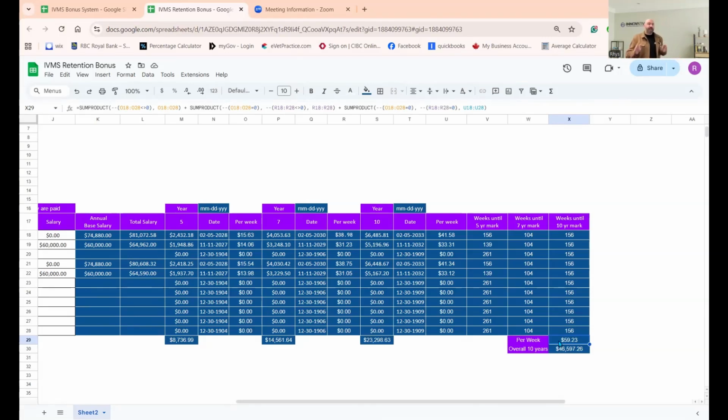You can put that aside each and every week for 10 years, and that is going to equal $46,597 that you're going to distribute across 10 years amongst your people. Remember, it costs you $55,000 for one employee per year if you need to retrain and retrain. Just want to let you know that. You're going to spread that over 10 years.